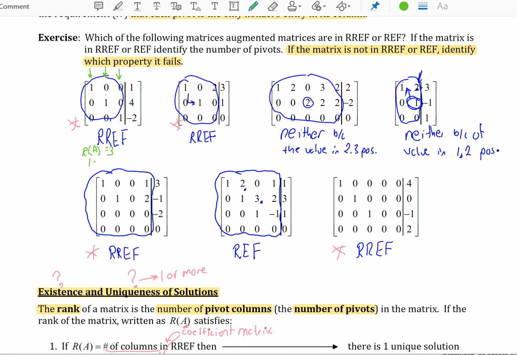This one has one solution. The second one: here the rank of A, you want to say how many pivots there are, how many ones are down that diagonal. Rank of A is 2, which is less than 3 because there are 3 columns in the coefficient matrix A. This one has infinite solutions.